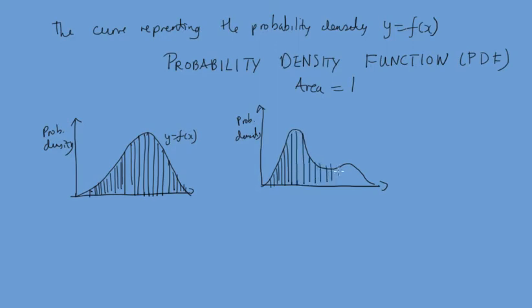Again, their widths are meant to be equal. And this curve is y equals f of x. Now, this looks nice and normal, and this looks all odd. And we're going to see that this is in fact a normal curve, and this one actually isn't.